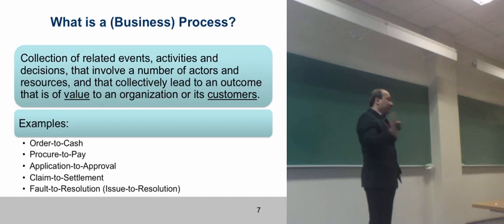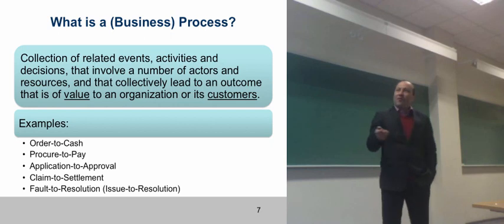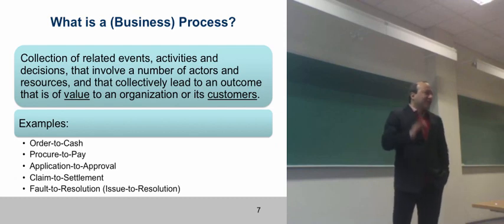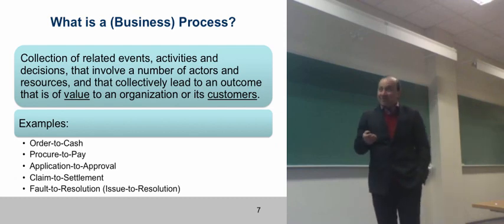In every process there are positive outcomes, but there are also negative outcomes. So, when we formulate things, we always formulate them in the positive way. So application to approval. But of course, application to rejection happens too. It's just the same thing.